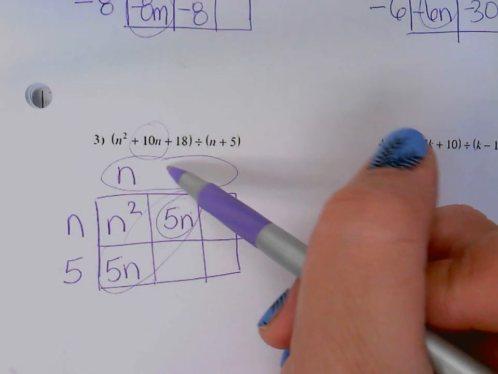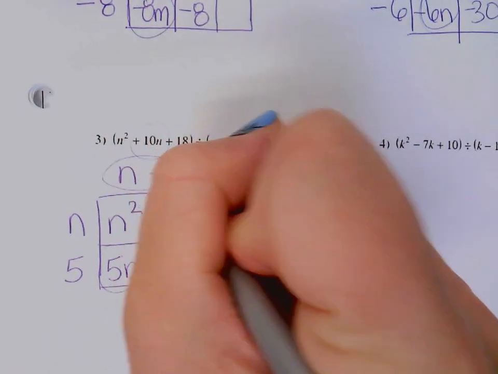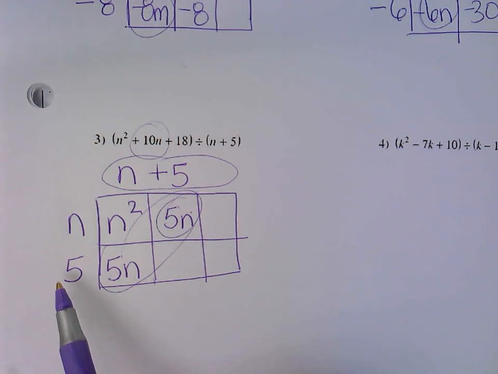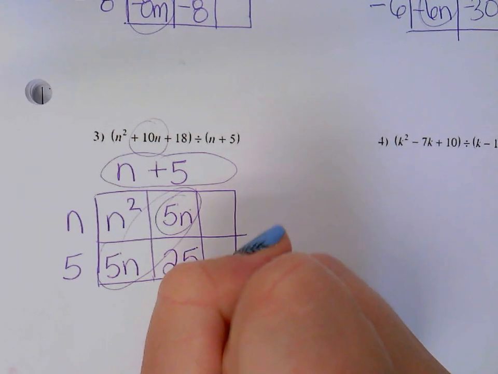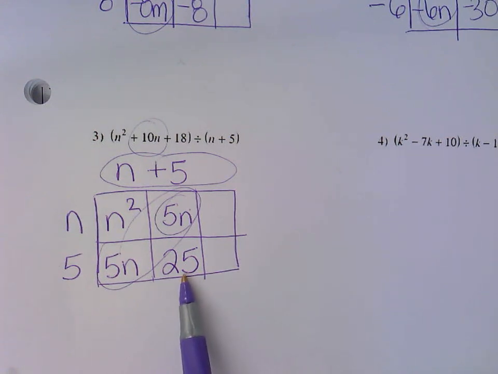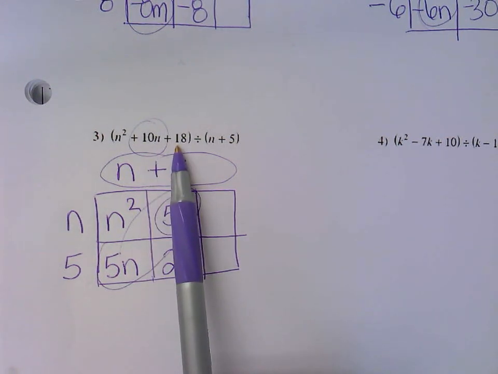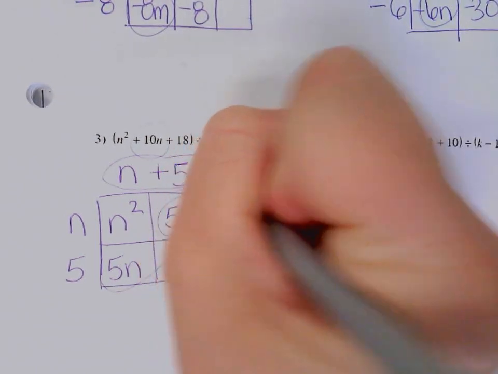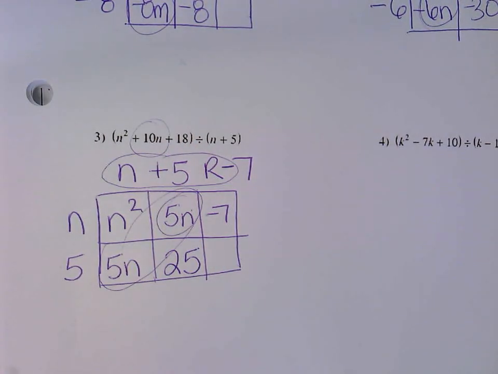So now this term is just going to be a plus 5. 5 times 5 is 25. So what's my remainder? I need to get to positive 18, and I'm currently at positive 25. So I need to go down 7. So my remainder is negative 7. See if you can do that last one.